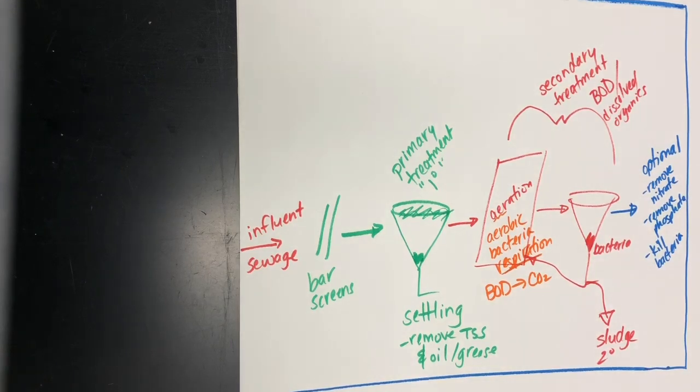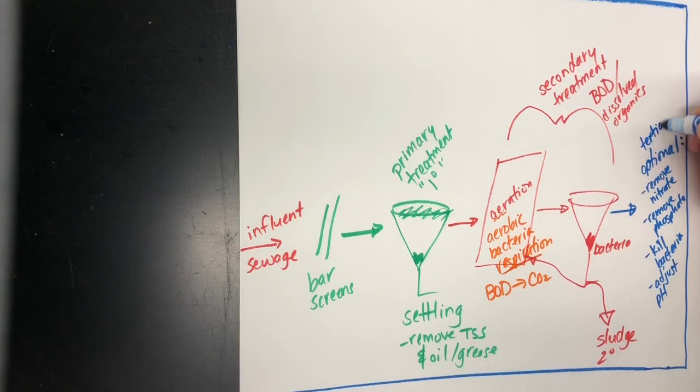Again, the bacteria isn't bad in natural waterways, but if humans are going to be swimming in it or in contact, they could get sick from it. They may also sometimes adjust the pH, depends on their permit. So these are all the optional, or also called tertiary treatment. Again, depends on what their permit requires.